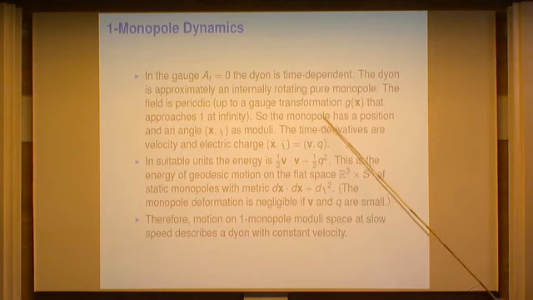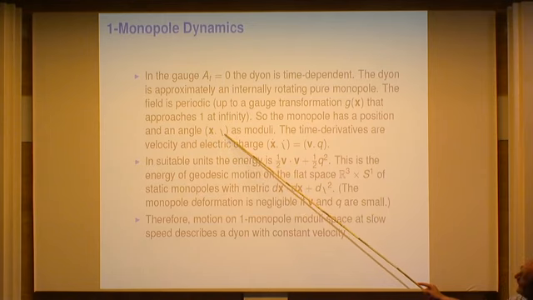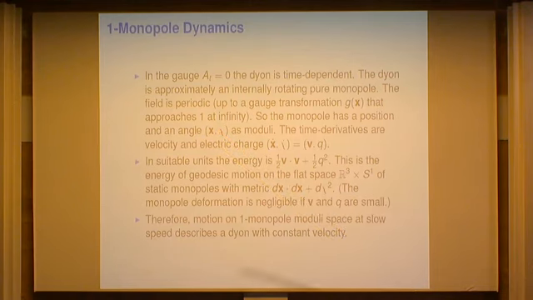So the moduli of a monopole are its position and a phase angle, chi, which is normalized to run from 0 to 2 pi. And then the time derivatives of these moduli are related to the physical notions of velocity and electric charge. So the time derivative of the position is obviously the velocity, x dot is v, but the time derivative of chi is identified with q.